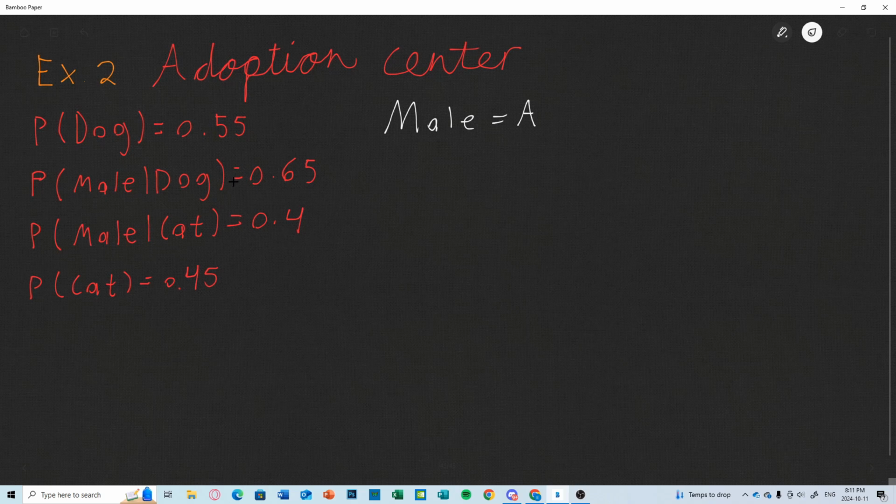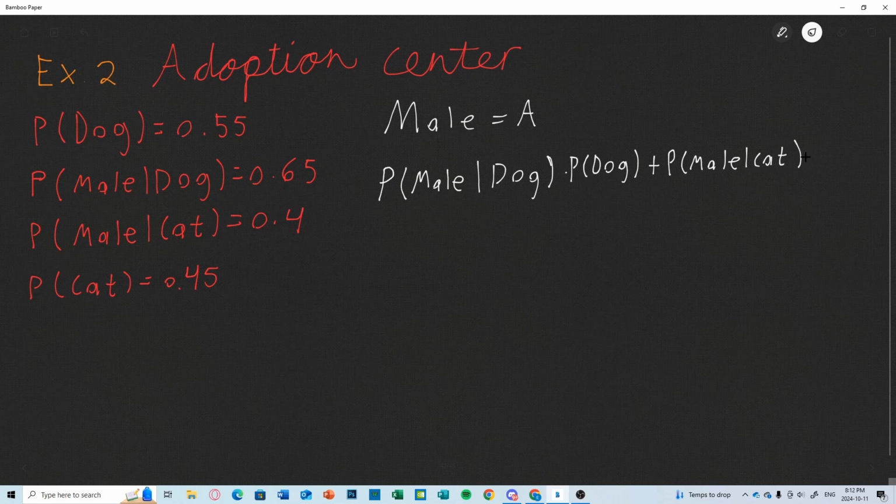So instead, what we're going to do is use the denominator of our third Bayes' theorem, which would state that the probability of a male given that it's a dog multiplied by the probability of a dog plus the probability that it's a male given that it's a cat multiplied by the probability of cat should give us the probability that it's a male.